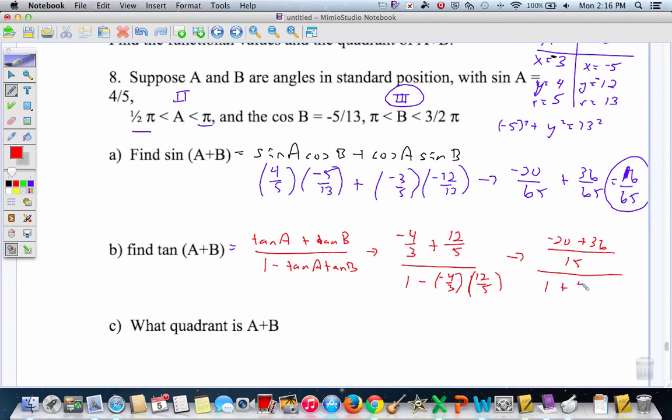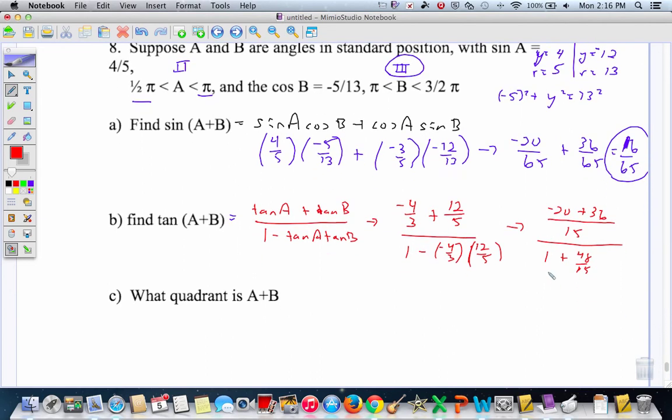I'll do the second part in 2 steps. Minus a negative is going to make this a plus. I multiply those two fractions. I have 48/15. I'm starting to run out of space a little bit here, but I'll leave my numerator up here. I'll simplify it to be 16/15. 1 plus 48/15 is 15/15 plus 48/15, or 63/15.